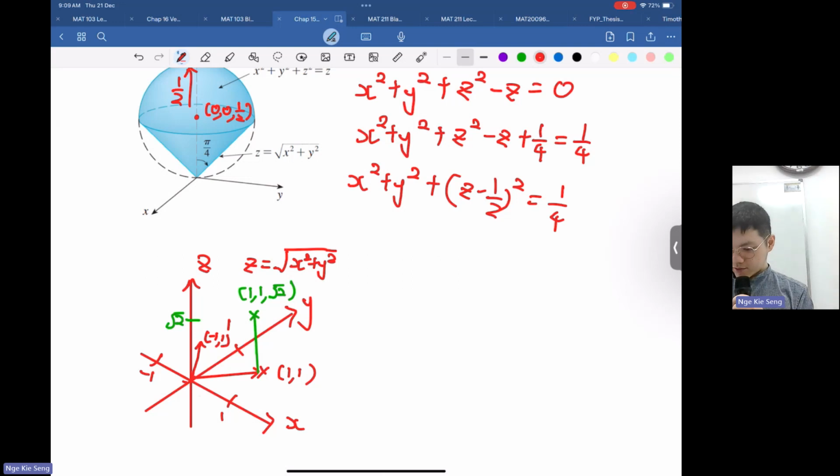Or minus 1, minus 1. Or 1, minus 1. Okay, what's the similarity here? They are living on the circle of radius square root 2.